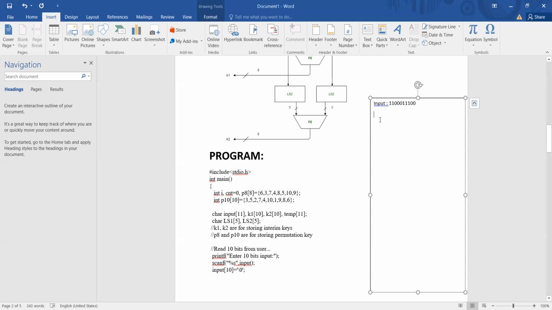Our P10 rearrangement elements are 3, 5, 2, 7, 4, 10, 1, 9, 8 and 6.